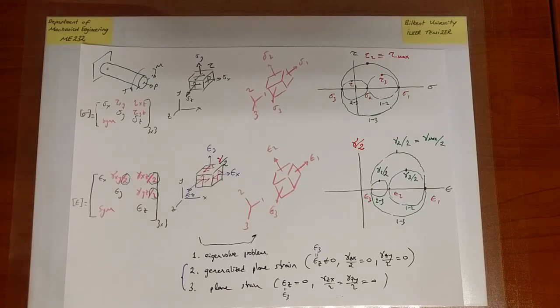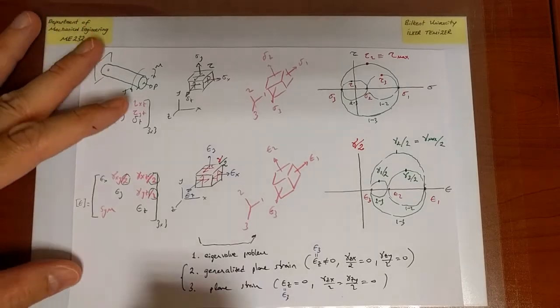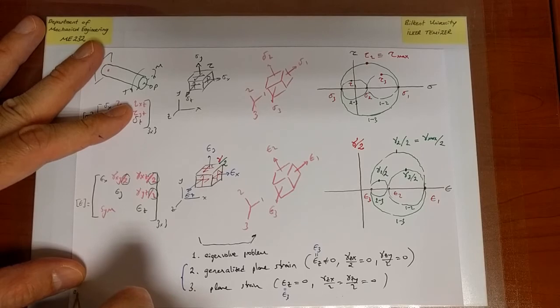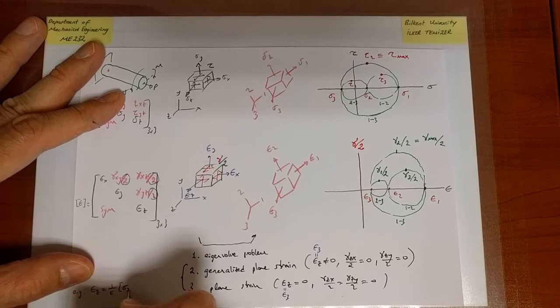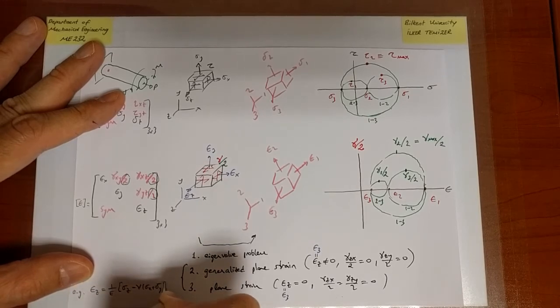Now that is a question that we can quite easily answer in the reverse direction. As an example, we can calculate epsilon z equals, if the material behavior is isotropic, 1 over E times sigma z minus nu times sigma x plus sigma y.